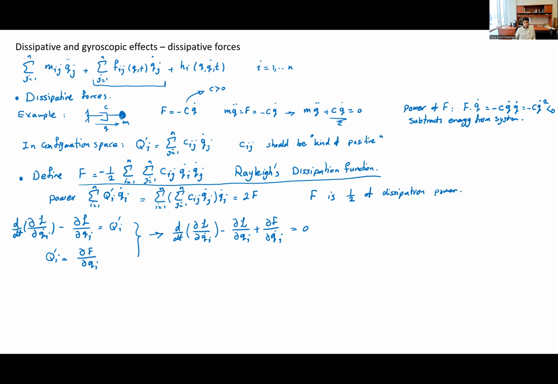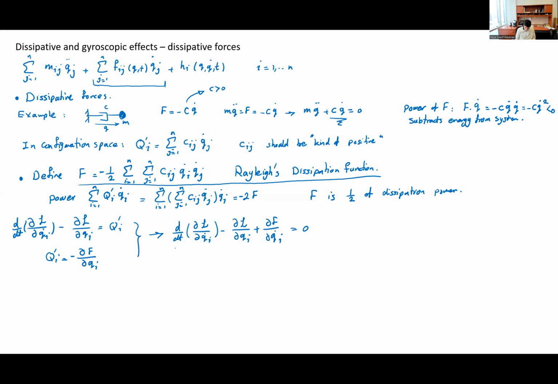I'll have to double check this, but I think that is negative. In that case, this one is going to be negative, which makes sense. F is a positive number. If your force is dissipative, when you extract energy, the power transfer with the system is negative. So this F is a positive number, and I think that works fine. So this one becomes negative. Yeah, all good, I hope. I'll check.